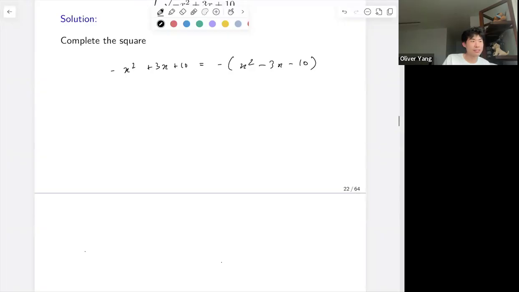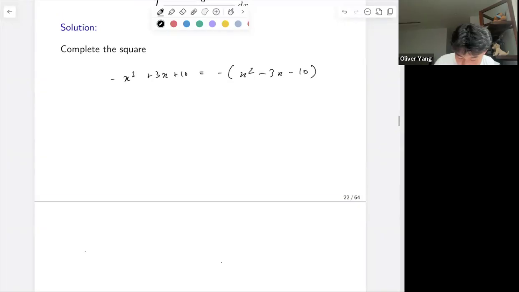Now, if we complete the square, we should be getting negative, x squared minus 3x plus 9 on 4, minus 9 on 4, plus 10.